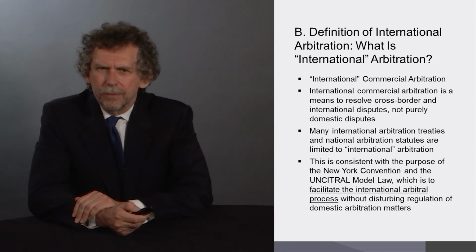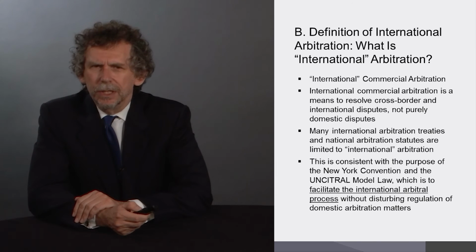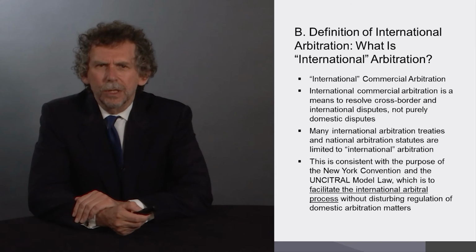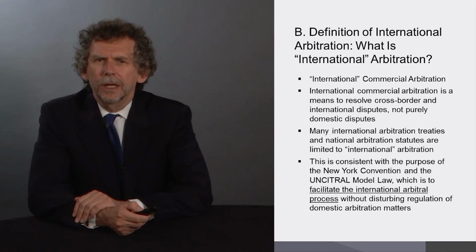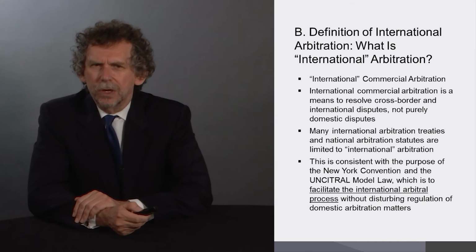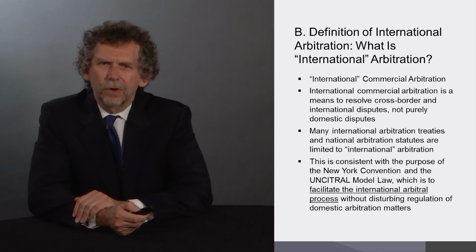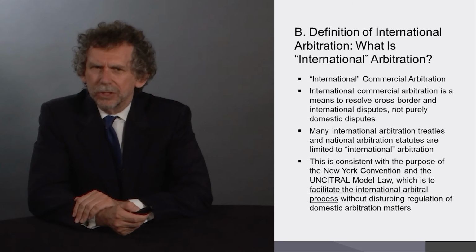Many international arbitration treaties and national arbitration statutes dealing with international arbitration deal only with international as distinguished from domestic arbitration. This is consistent with the purpose of these treaties, the New York Convention most importantly, as well as many national arbitration statutes, which is specifically to regulate and provide a pro-enforcement legal framework for international arbitration as distinguished from domestic arbitration.